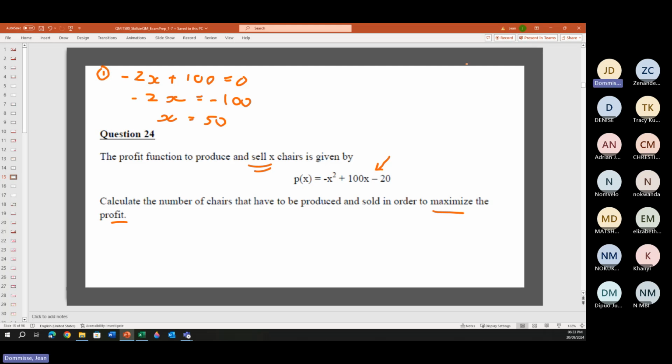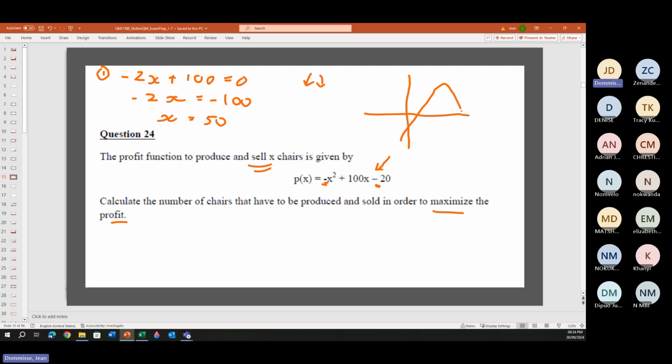Let me quickly draw it as well so that you guys can see. So it's negative, so it's going down. And there's the negative.